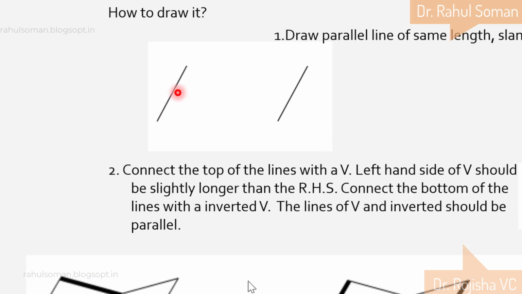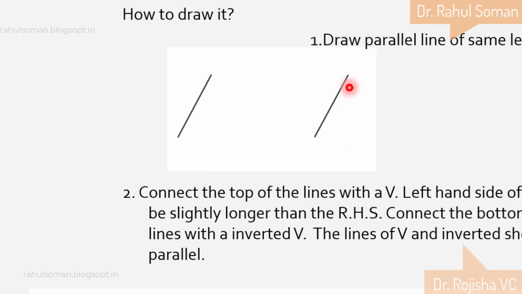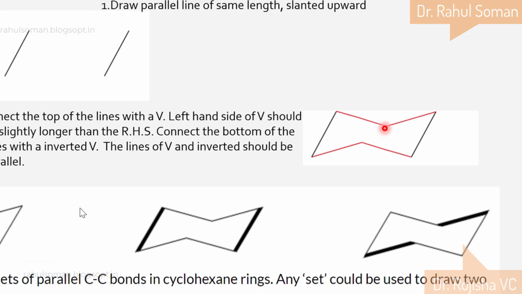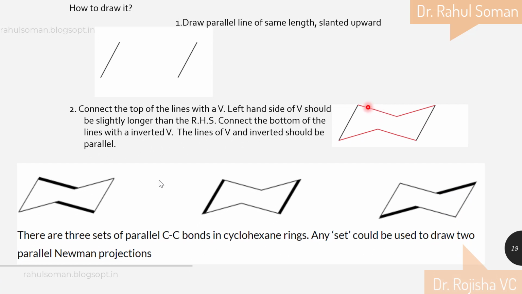Just draw two parallel lines of almost the same length, standing upward, and then connect the top portion of those lines using the letter V. In this V, one side should be slightly longer than the other side. If the left hand side is the top, the left hand side should be slightly longer than the right hand side.